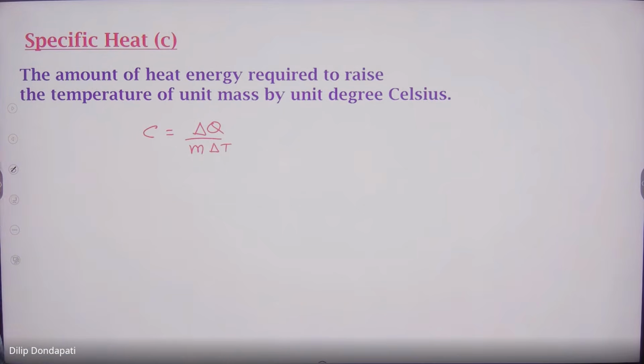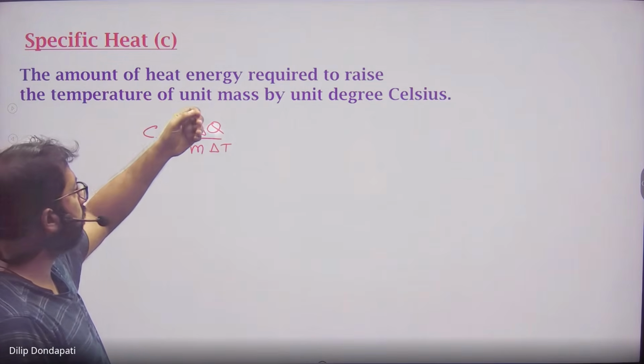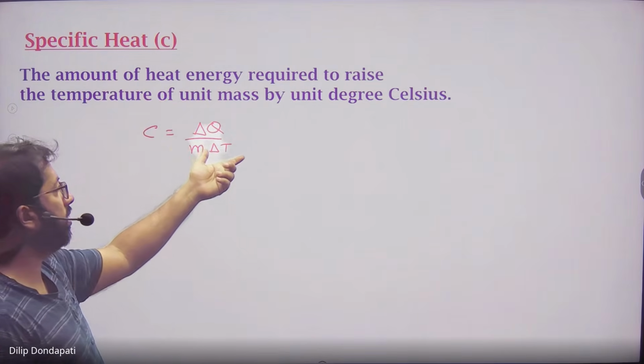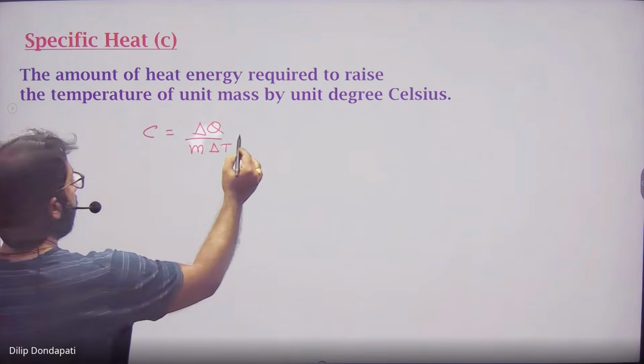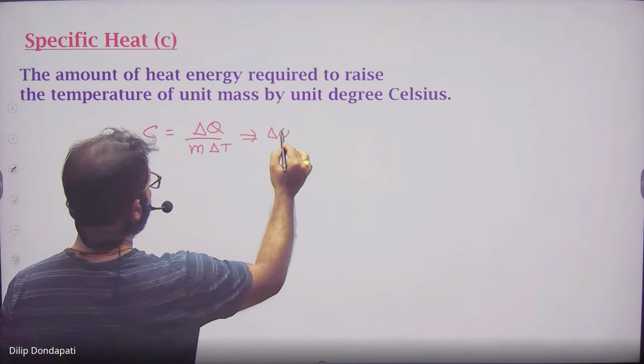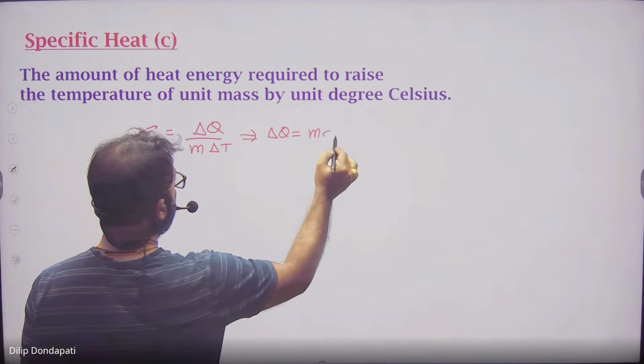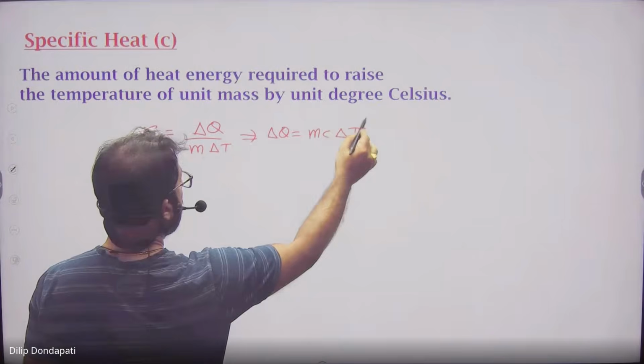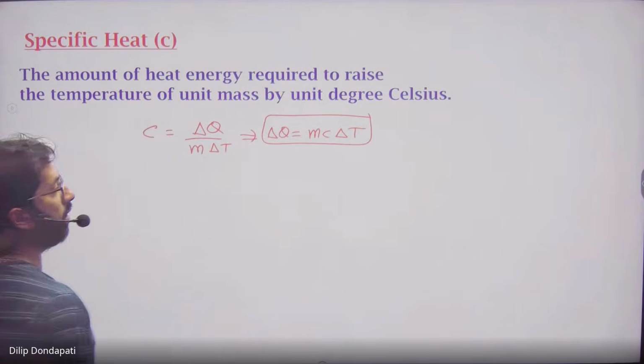The amount of heat energy required to raise per unit mass per unit degree Celsius. From this we learned delta q is equal to m c delta t. Small c, which we learned in thermal properties of matter.